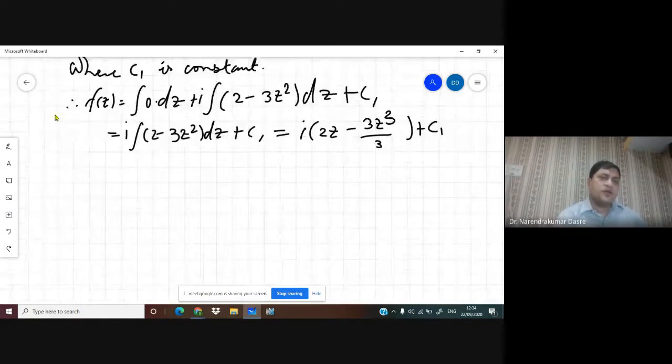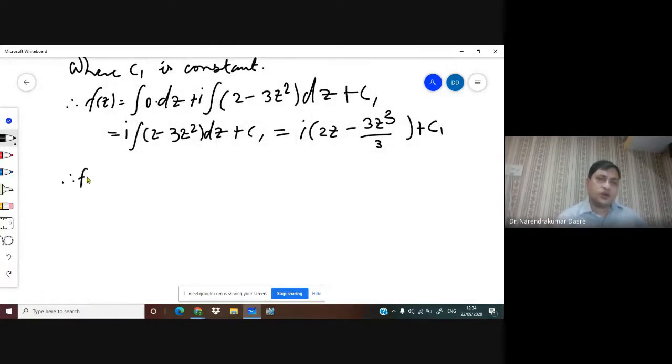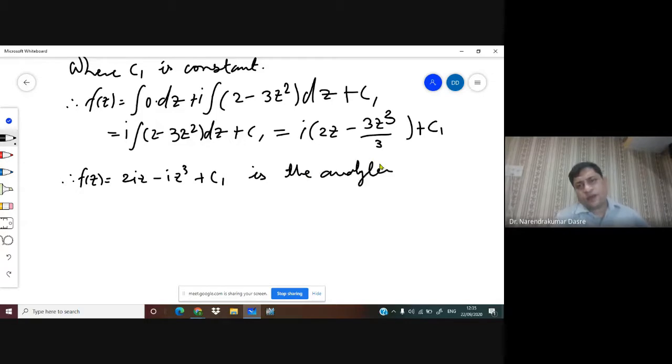Now simplify this. So we get f of z is equal to 2iz minus iz cube plus c1. So this is the analytic function.